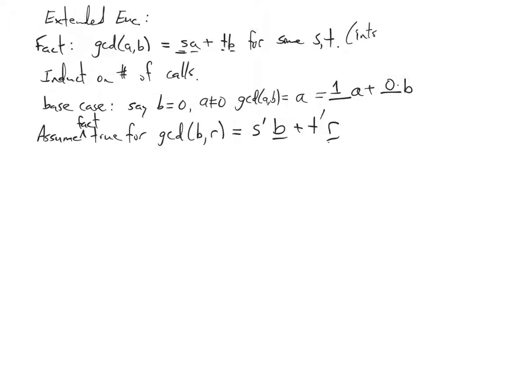So we're assuming that inductively for the GCD of B and R, and now we want to get numbers for the GCD of A and B.